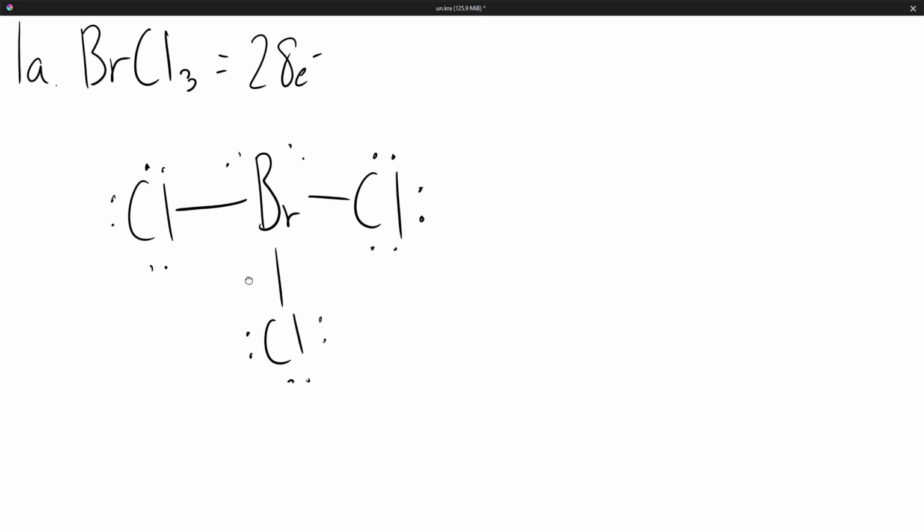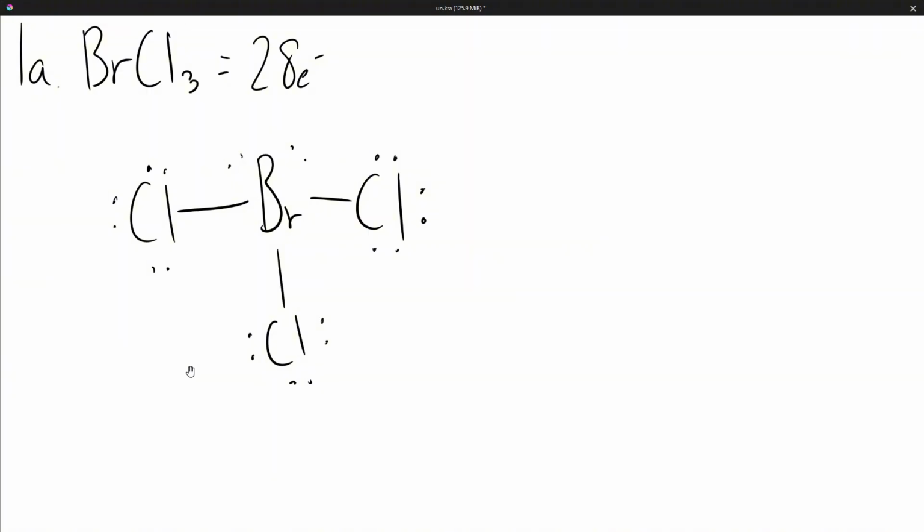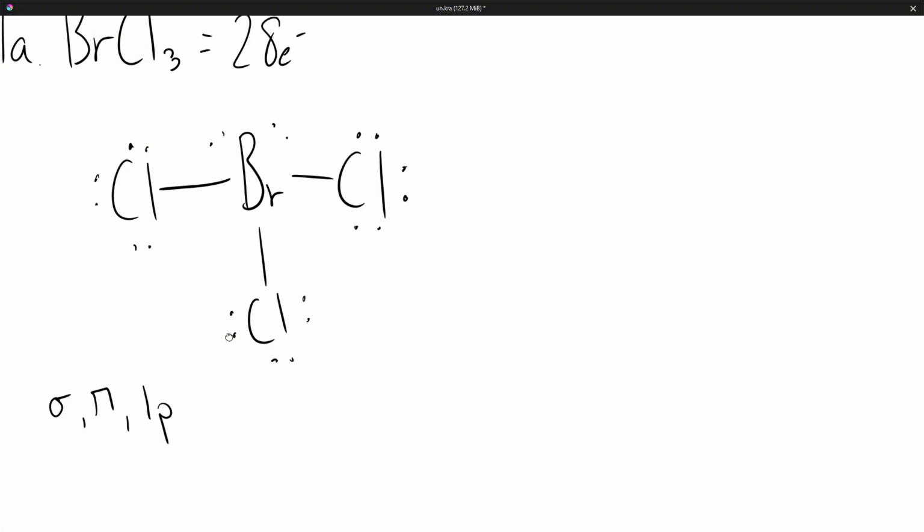So when it asks which types of bonds, it refers to sigma, pi, and lone pairs, the ones that are around the central atom. So from these bonds, we want to figure out what combination of sp3d2 forms around the central atom.